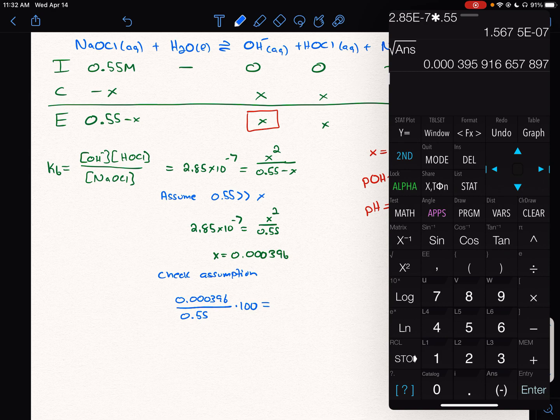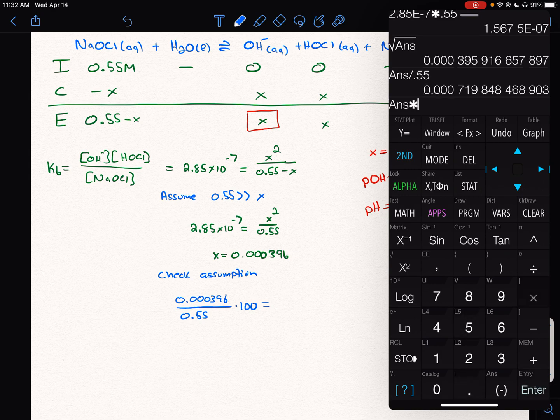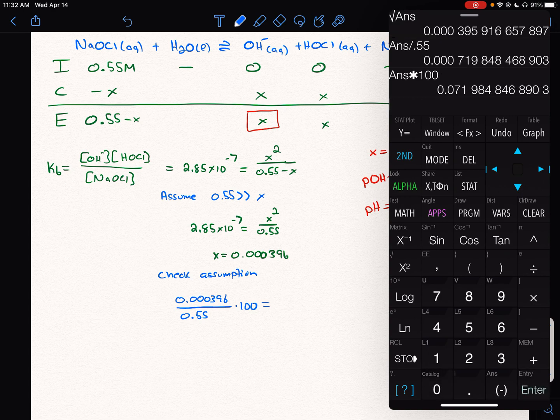So we divide that by 0.55, times 100, equals 0.072, so that's less than 5%. So we can say our assumption is valid.